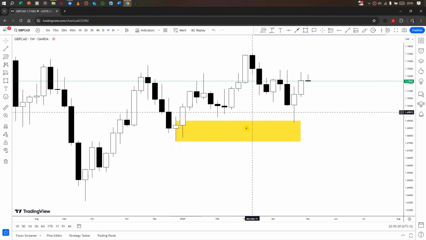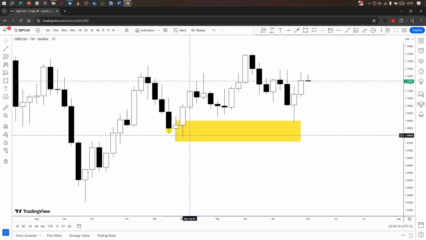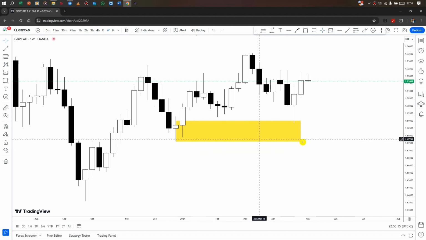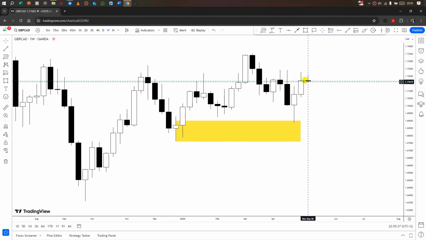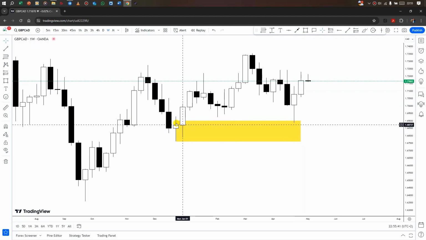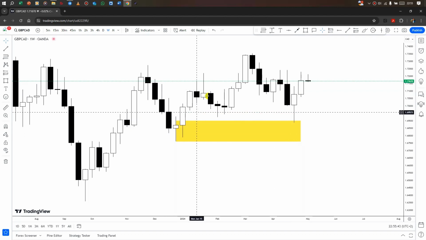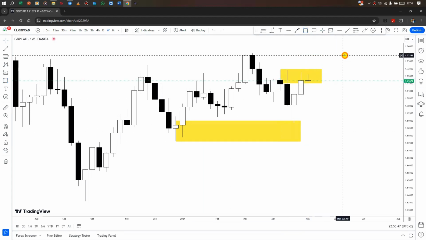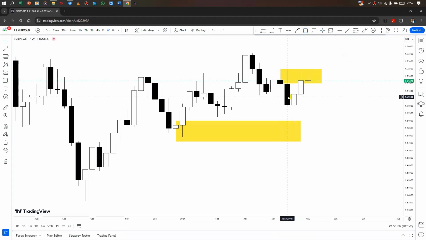As you can see, the price has been rejecting from this demand zone here, or this demand level around this area here. As you can see, the past 2 weeks have been bullish due to the fact that the price reacted to this weekly demand zone here. Then we can also say that the price is within this weekly supply zone here around this area.